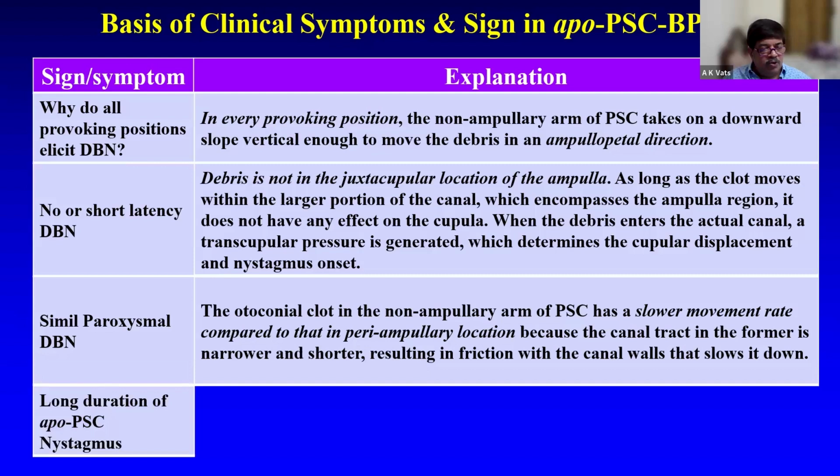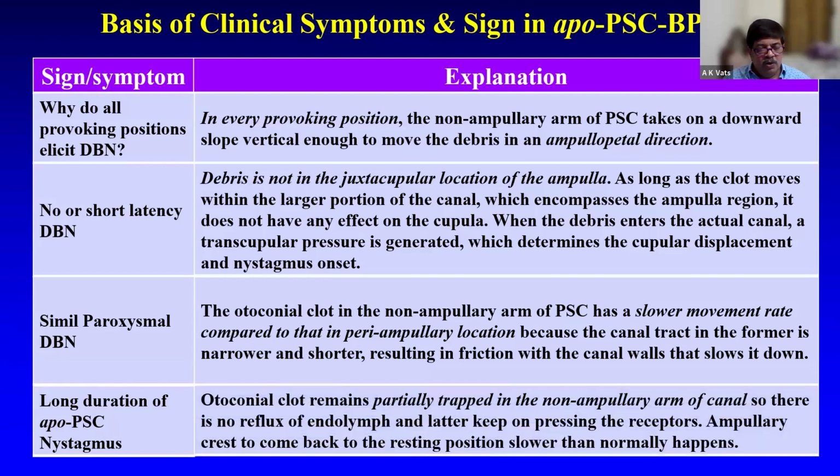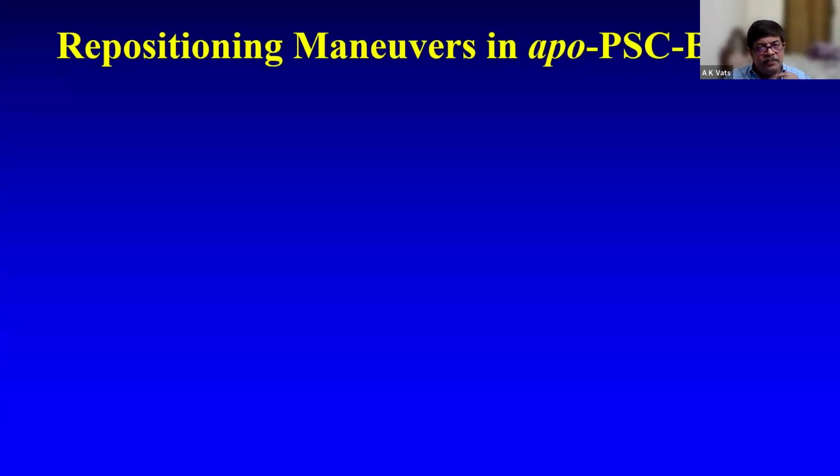The long duration of apogeotropic nystagmus, that is the downbeating contratorsional nystagmus, is because the otoconial clot remains partially trapped in the non-ampullary arm of the canal, so that there is no reflux of endolymph and the latter keeps on pressing the receptors. The ampullary crest comes back to the resting position slower than normally happens. So these are the basis of signs and symptoms, and these are all in the paper by Vannucchi of 2015.